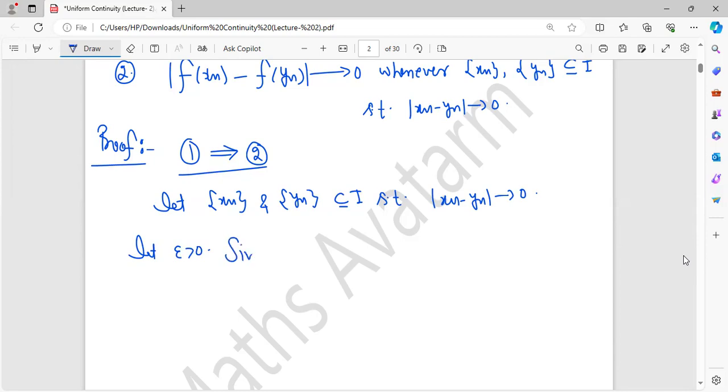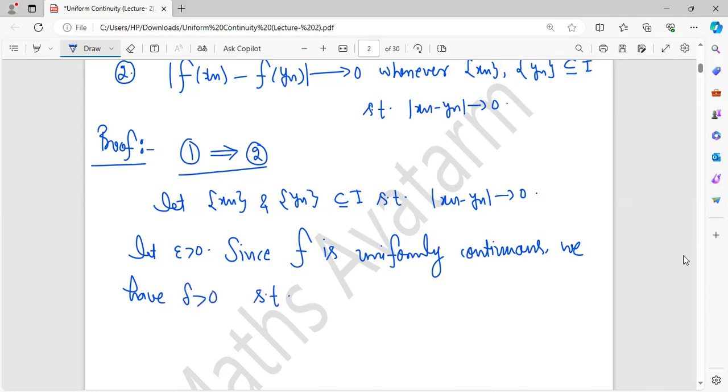Since f is uniformly continuous, we have delta greater than 0 such that the absolute value of f(x) minus f(y) is less than epsilon for all x and y belonging to I with the difference of x and y less than delta.